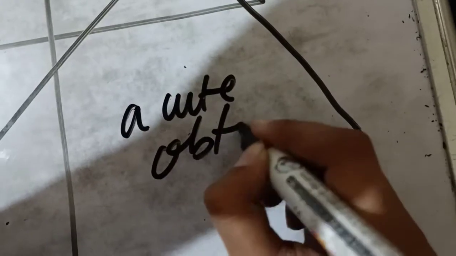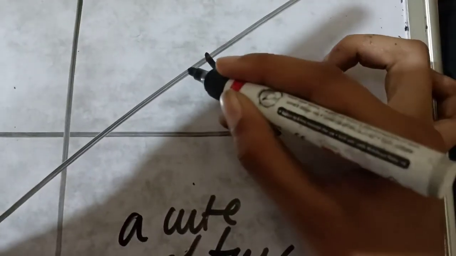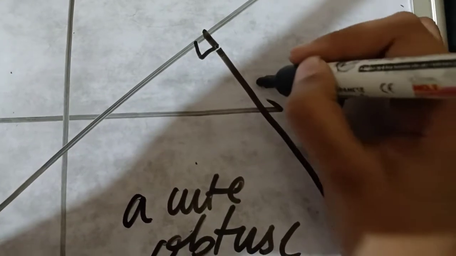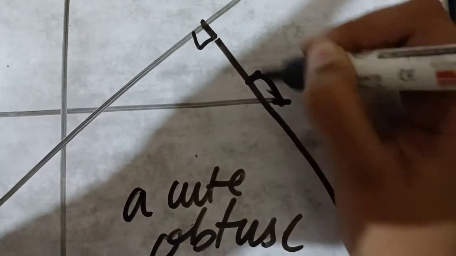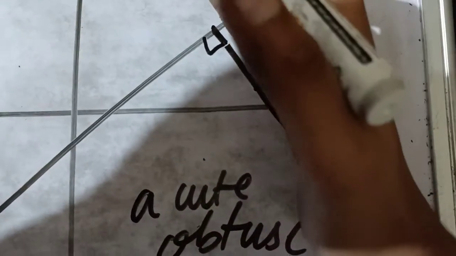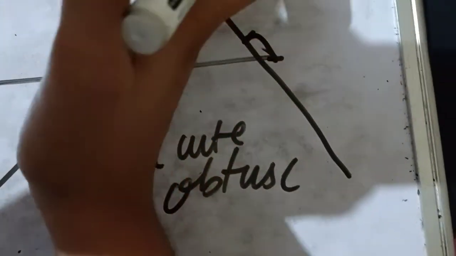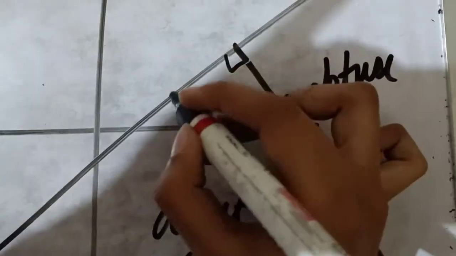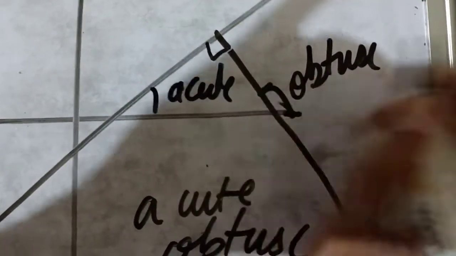Why is this said? To make a right angle triangle, one angle must be obtuse and one must be acute, because the angle must be counted from this line. That means this is obtuse and this is acute.